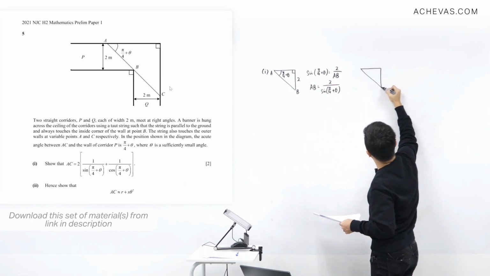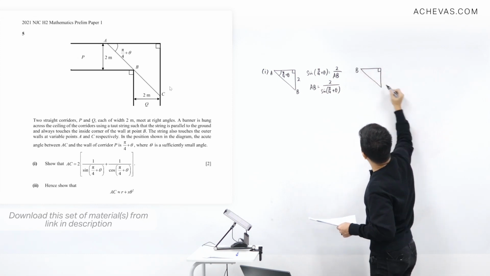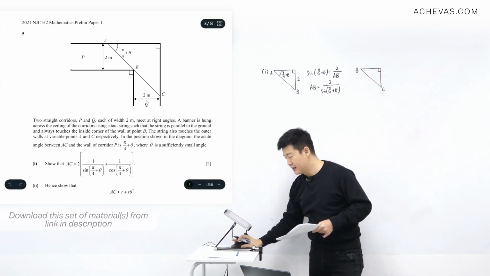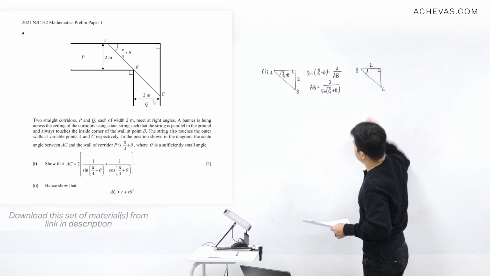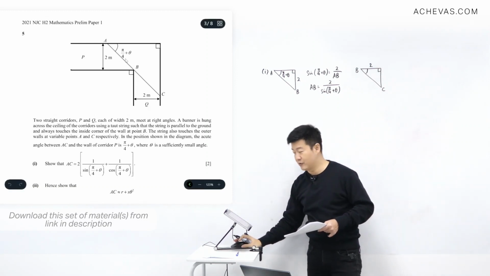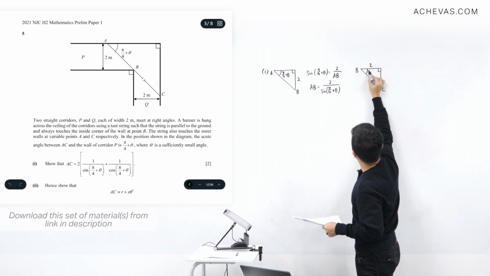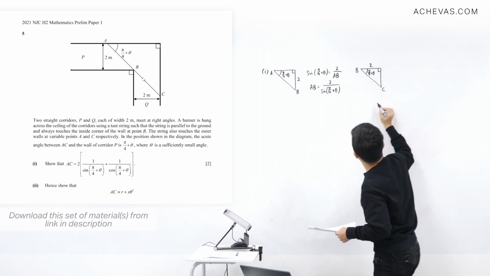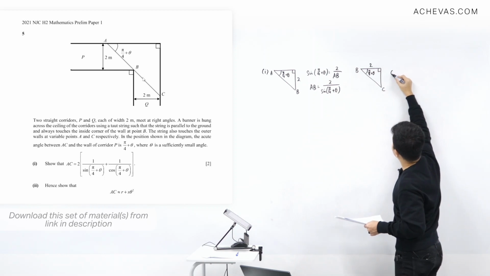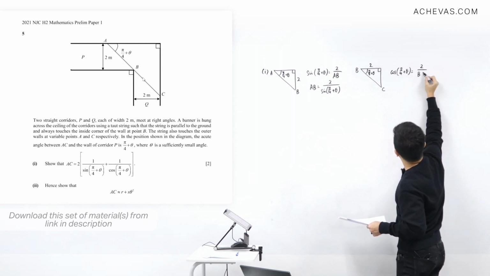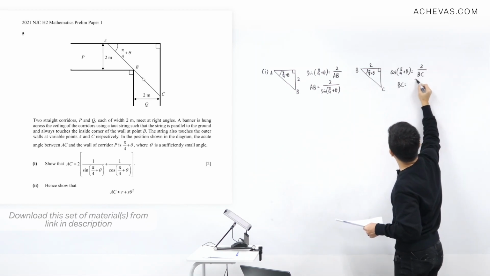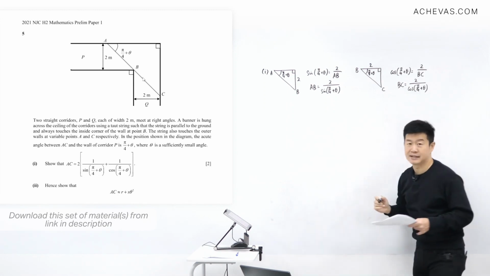So it will be this. It is going to be another right-angled triangle. And this is where B is, this is where C is. This length here is given to us as 2. That will synchronize to this that is here. This angle here is going to be the same as this angle, pi over 4 plus theta. So here we have a pi over 4 plus theta, which means that if we were to do a cosine of pi over 4 plus theta, this is going to be equal to the adjacent over the hypotenuse, BC, which means that BC is equal to 2 over cosine of pi over 4 plus theta.